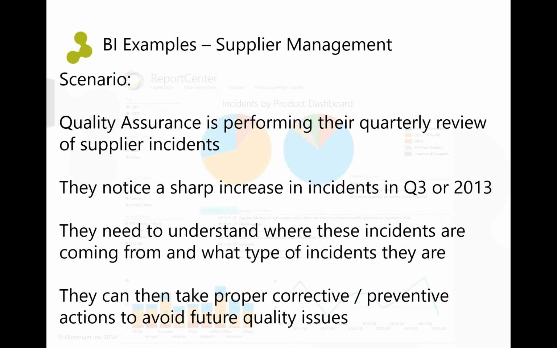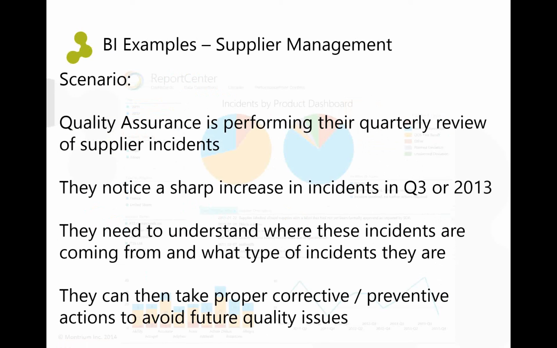So the first example that we're going to look at of a dashboard is around supplier management. So if you think back to a couple of slides ago, we were talking about the fact that we're using information around suppliers, products and orders, as well as incidents, to be able to evaluate our suppliers on a quarterly basis and to work out whether we need to audit them. And so the scenario is that quality assurance is performing their quarterly review of supplier incidents, and they notice that there's a sharp increase in incidents in Q3 in 2013.